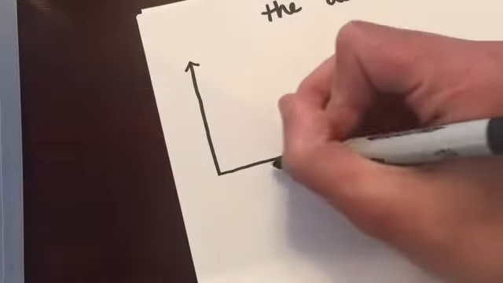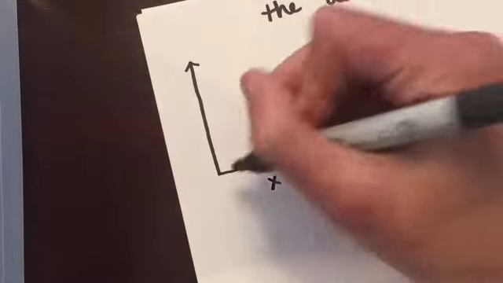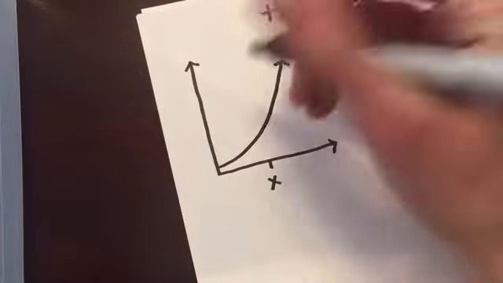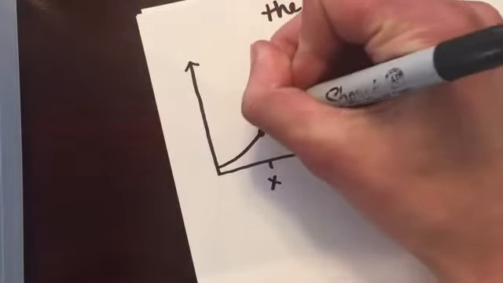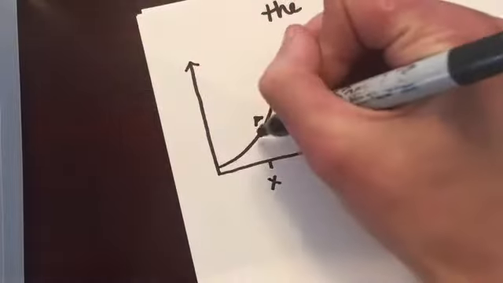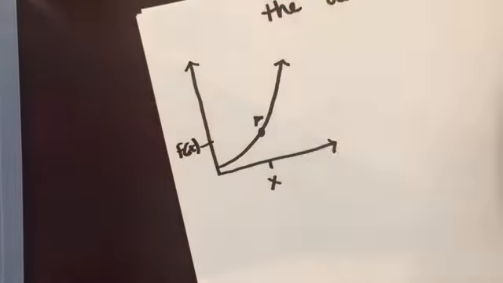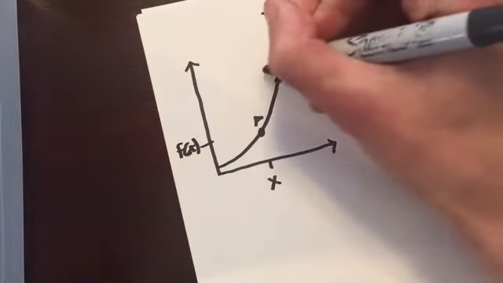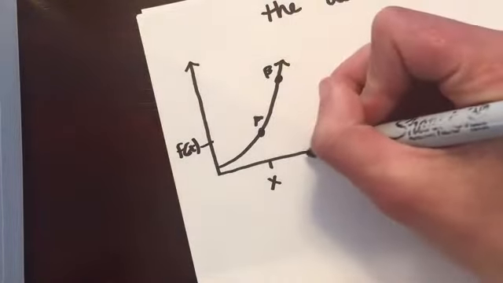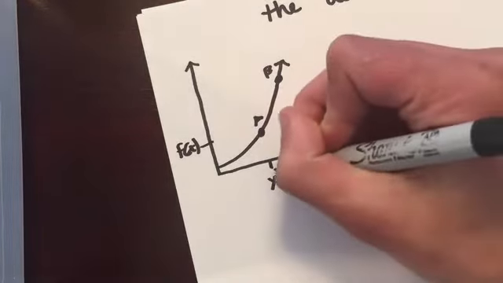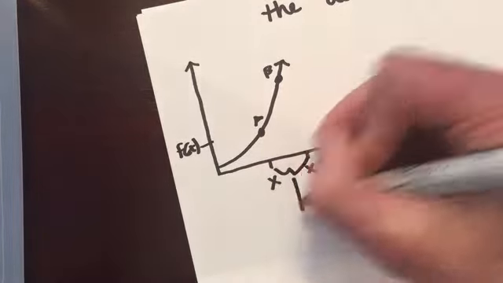So if this is x, and this is our graph, then this is point A, and this is f of x, right about here. And this is point B with point x plus h, because this area here is h.